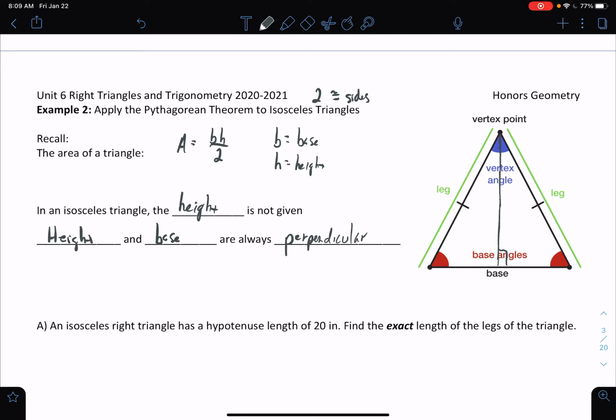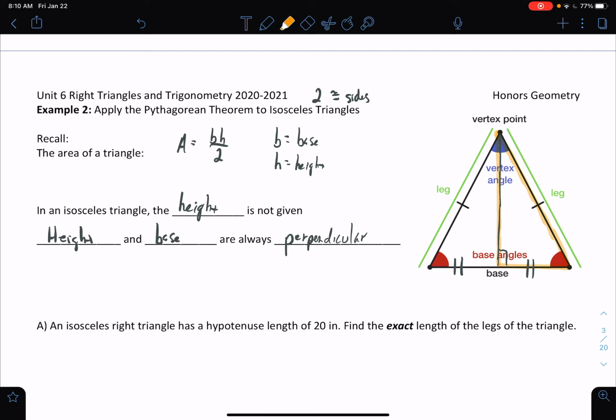If you remember from last semester, it cuts it in half. So then you could set up something like this right triangle in order to solve for the height.